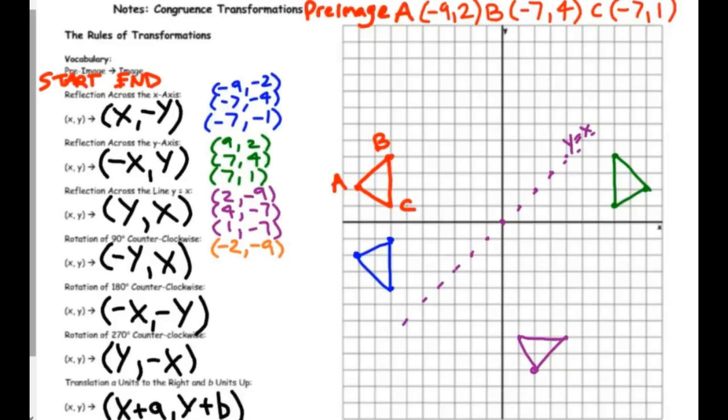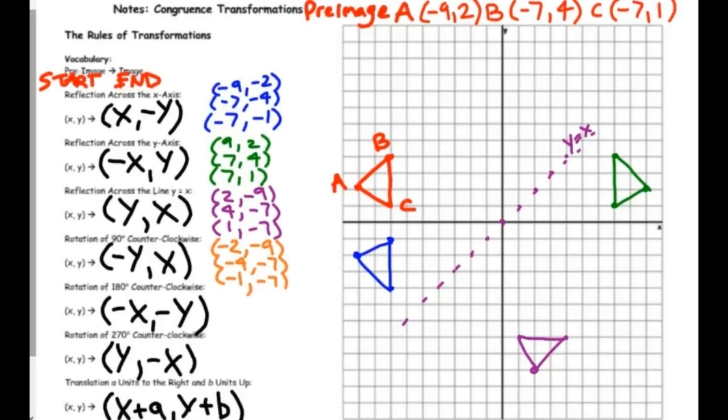It just takes 2 steps. Okay? So -2, -9. So -7, -4. That 4 becomes negative. Switch them. So yeah, -4, -7. And then -7, +1. The +1 becomes negative, and we switch the order, so it's -7, -1. Okay?